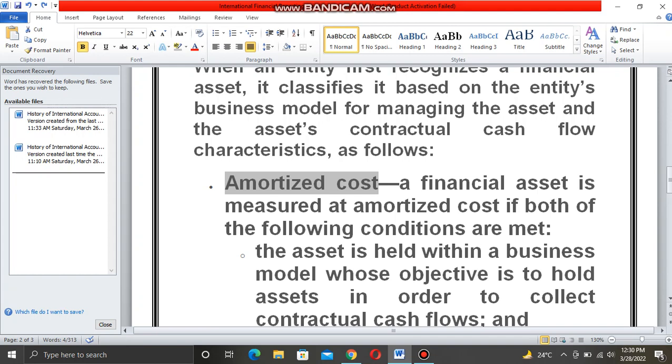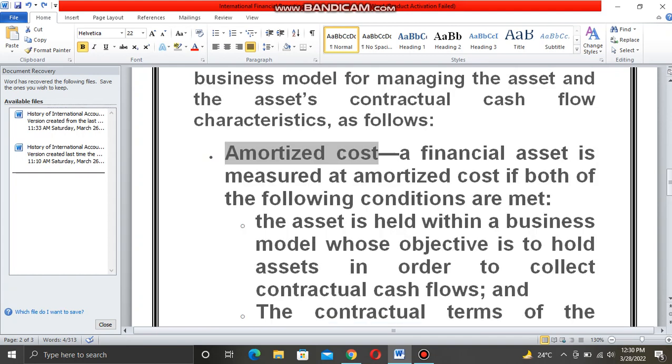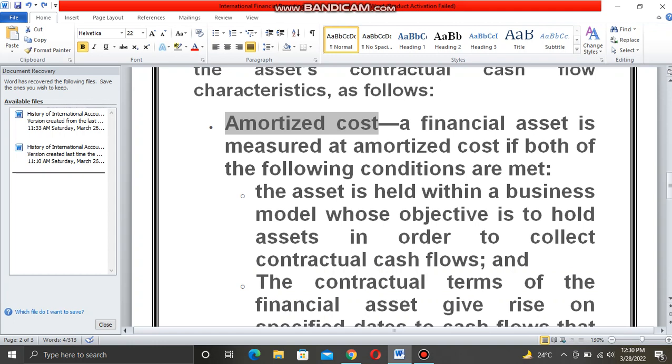A financial asset is measured at amortized cost if both of the following conditions are met. Two conditions: the asset is held within a business model whose objective is to hold the asset in order to collect contractual cash flows.